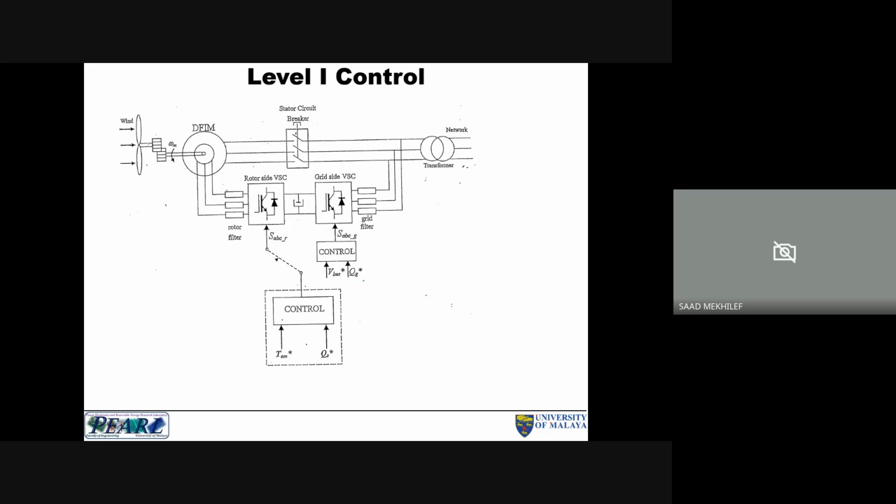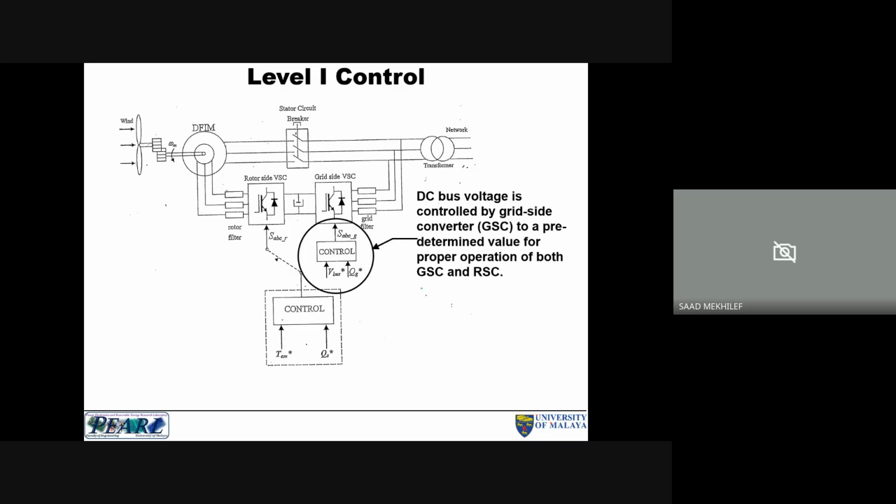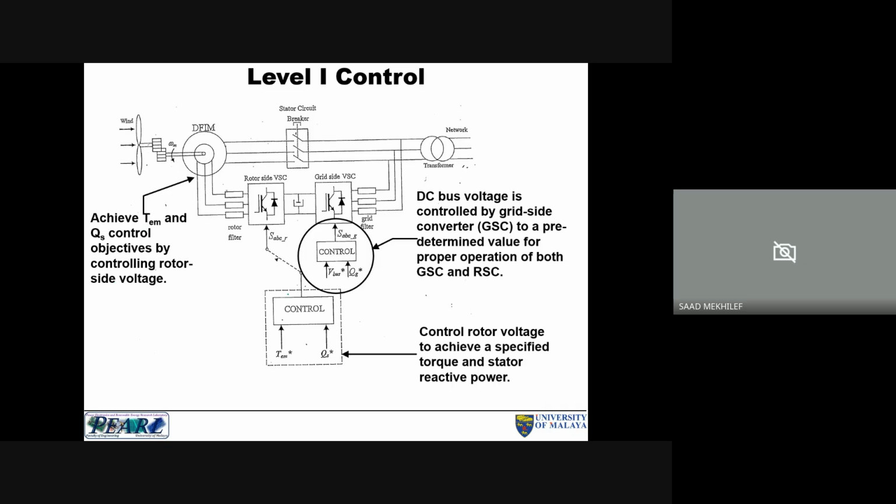Then this is in charge of the DC bus voltage control by the grid side. And here, the active torque and the Q control are done at the DFIG. Then here we control the rotor voltage to achieve the specific torque and the reactive power that is required from the grid.